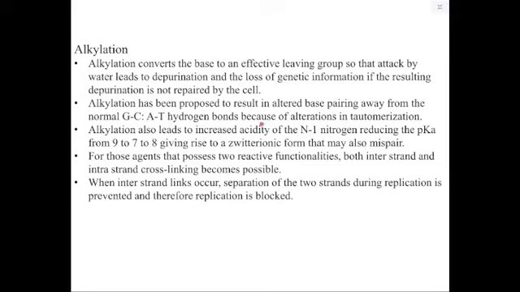Alkylation has also been proposed to result in altered base pairing away from the normal. Normally you have GC binding, and of course adenine and thymine also binding. Once you do alkylation, as I have said, there is a change in the molecule, and that change now changes the pairing, so that you might find the guanine now binding to thymine instead of binding to cytosine.